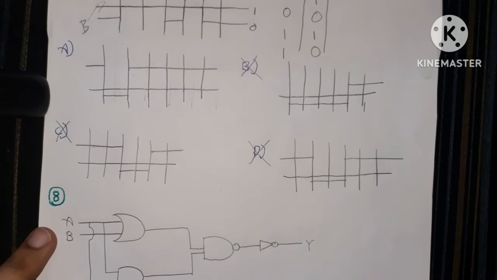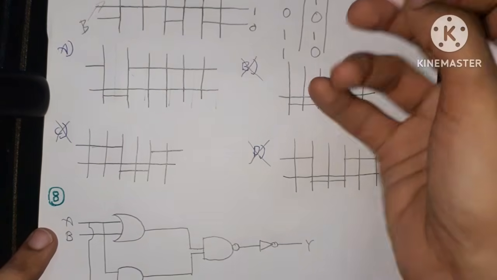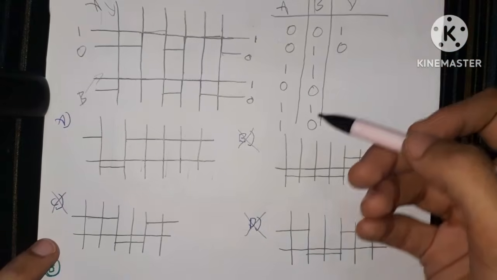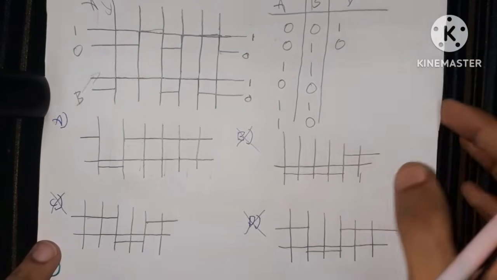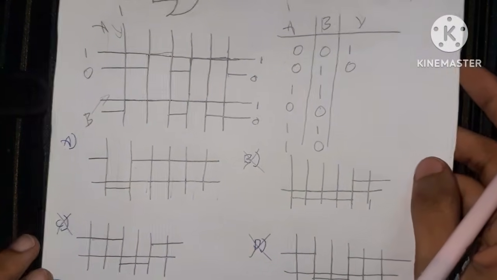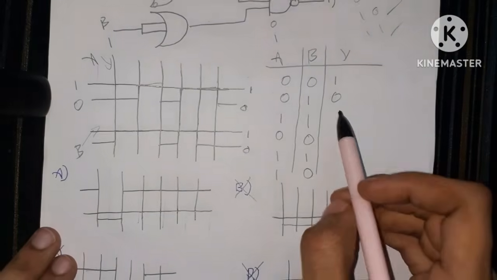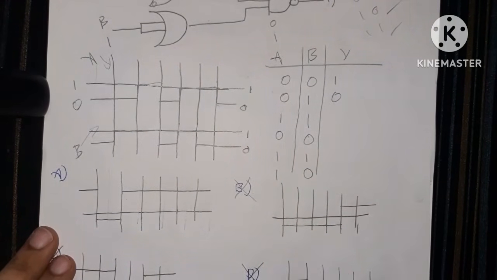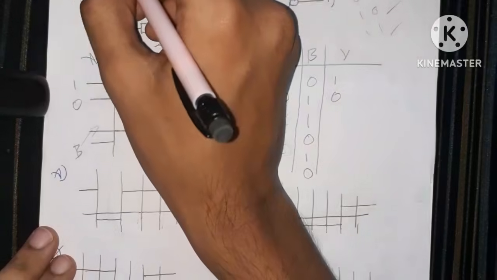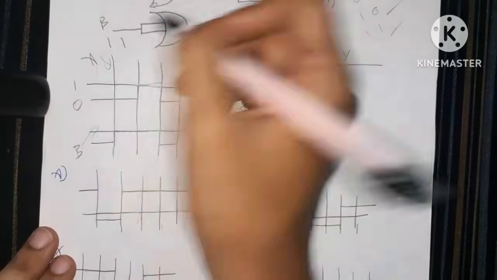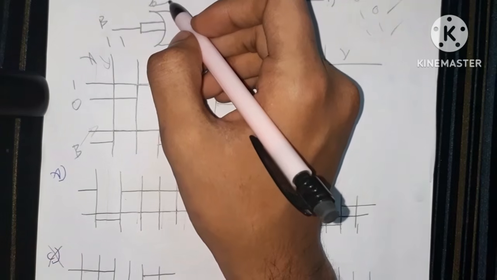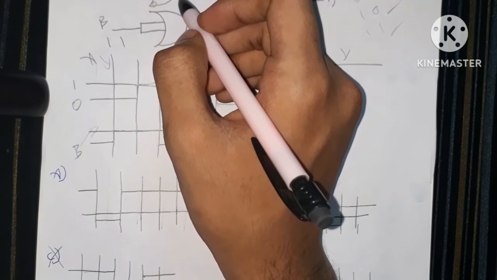This is very simple. You need not solve this whole entire thing. Just go through the option elimination method. For your help I will solve one more. Okay, we will take the input of 1 and 1. Here I am taking 1, here I am taking 1. We are getting 1 and 1 as the input in the OR gate.